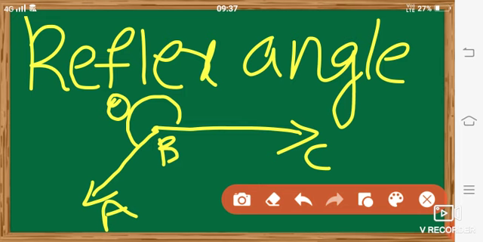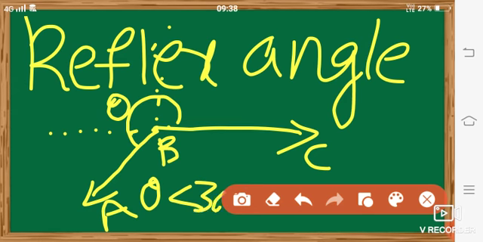This value is greater than 180. This is 180 degrees, this is 90 degrees. So more than 180 degrees is called a reflex angle. The theta value is less than 360 and greater than 180 degrees. It's called a reflex angle.